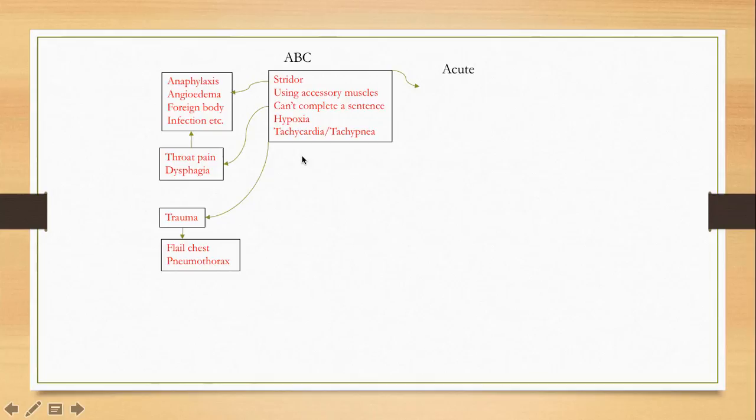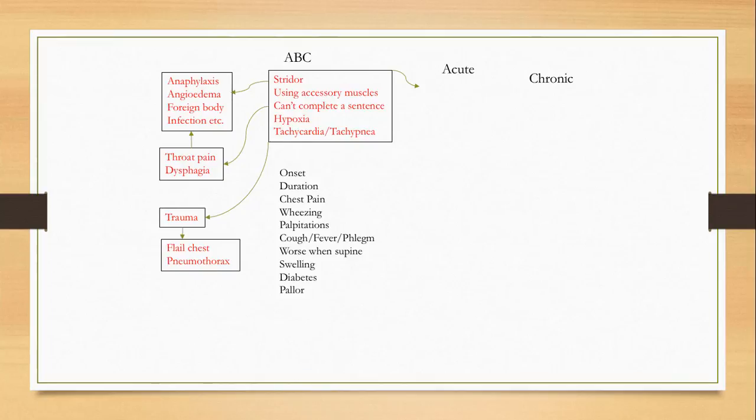On the other hand, if there is no red flag symptom present, then it still could be acute causes of dyspnea. So the first good questions would be duration and onset, and it could also be chronic. The next few questions would be chest pain, wheezing, palpitations, cough, fever, and phlegm. Then ask if dyspnea is worse when they are supine, or if they have any swelling or history of diabetes, pallor, weight loss, or headache, and if they are in an ICU setting.